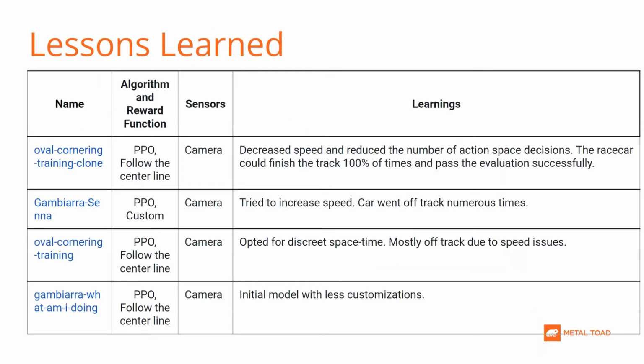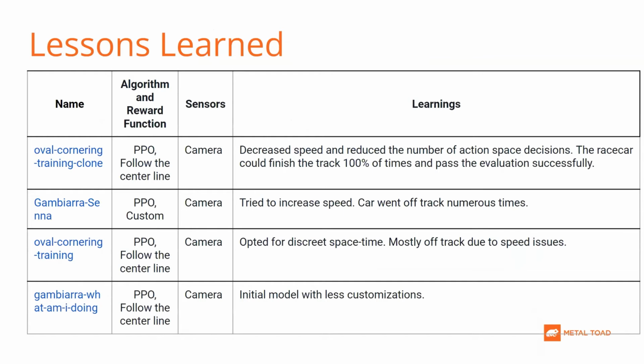All right, and I think we'll get into lessons learned, of which there's a bunch. Can I speak about that, please, David? Yeah, we learned through a lot of models. The first one was the Gambiarra.